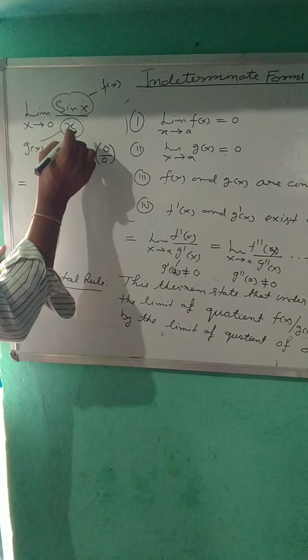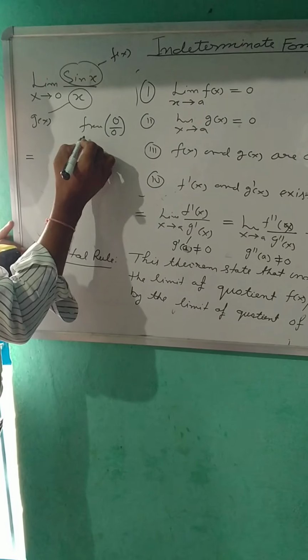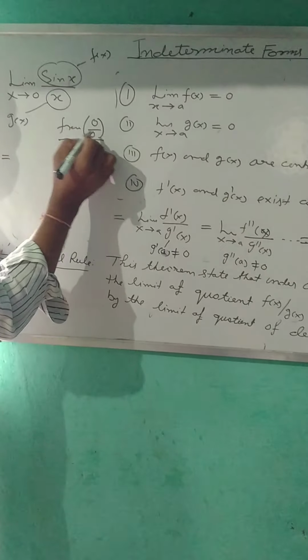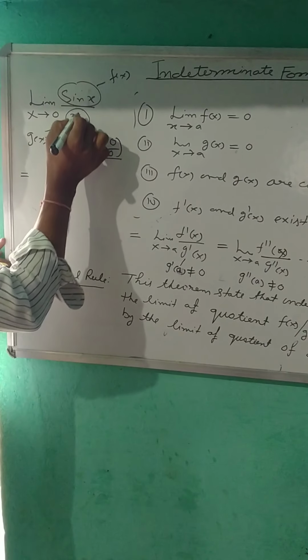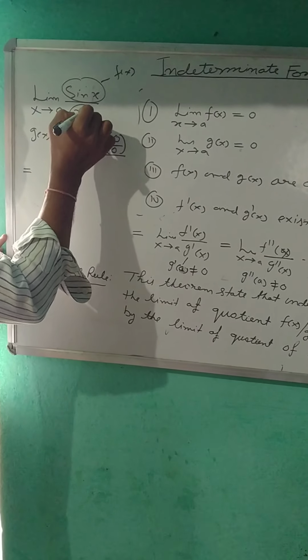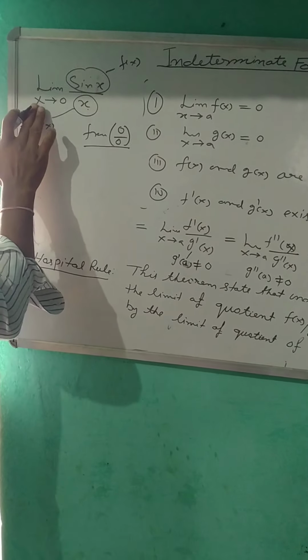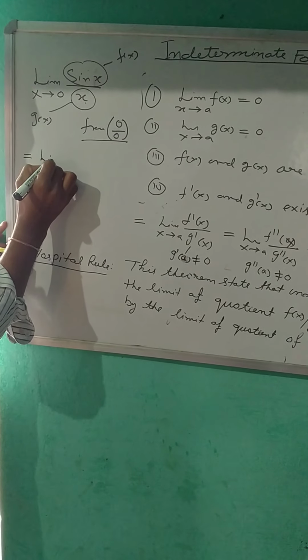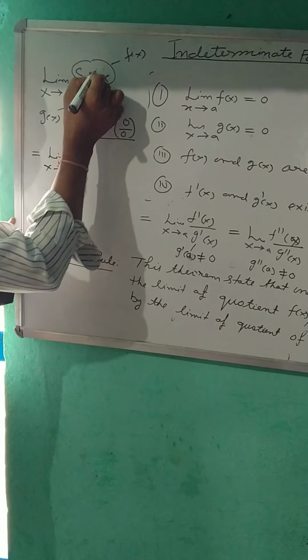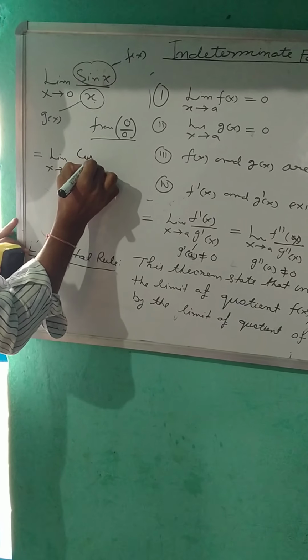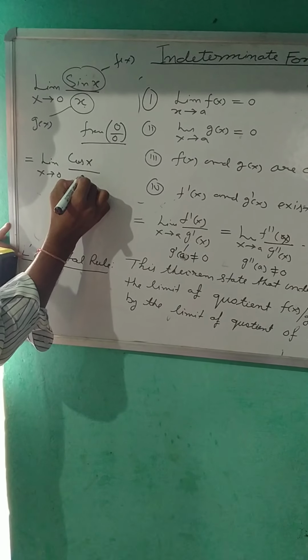L'Hopital's rule says that if we have the indeterminate form 0 upon 0, then we can differentiate the numerator and denominator separately, and then find the limit. So the limit as x tends to 0 of the differentiation of sin x, which is cos x, upon the differentiation of x, which is 1.